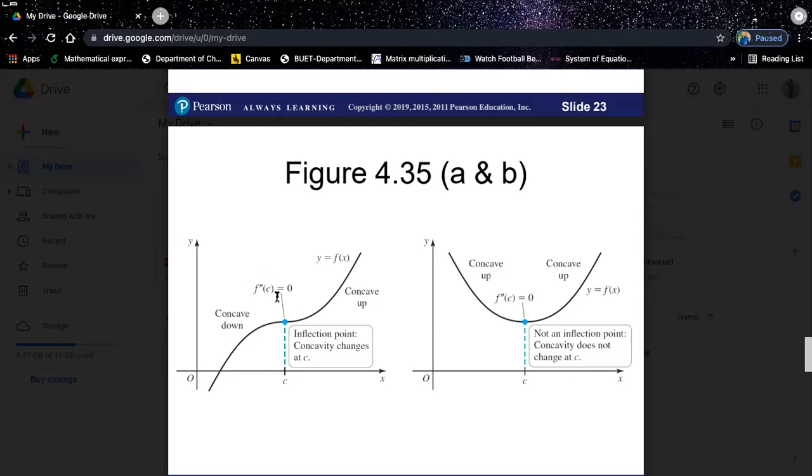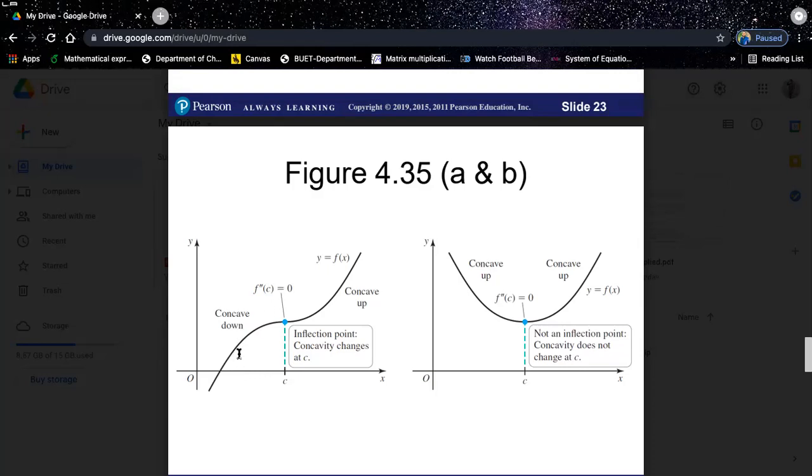We know if we set the first derivative to 0 and solve it, we get the critical points, right? For the inflection points, we just set the second derivative to 0 and solve it. And this gives us our inflection point algebraically, okay?